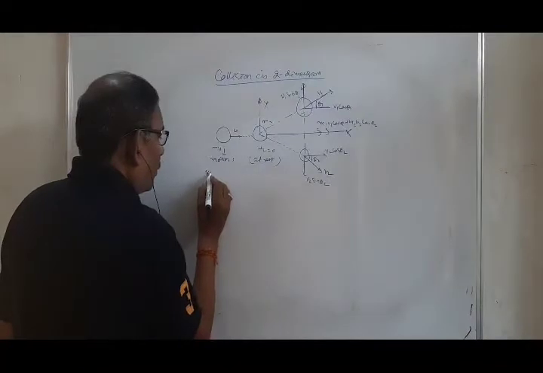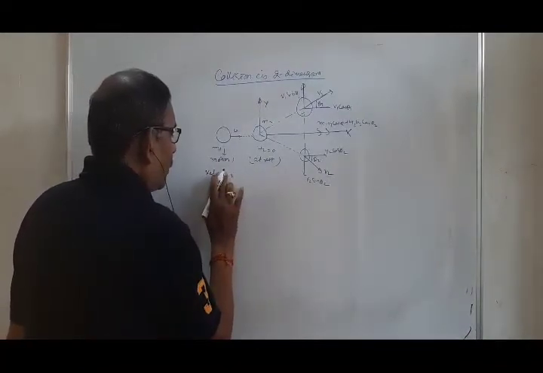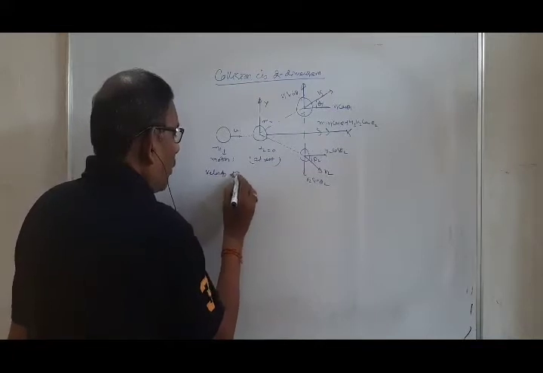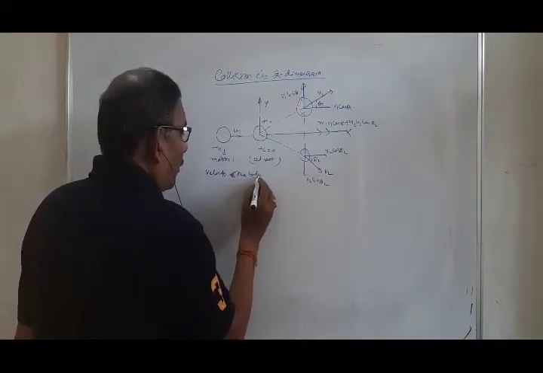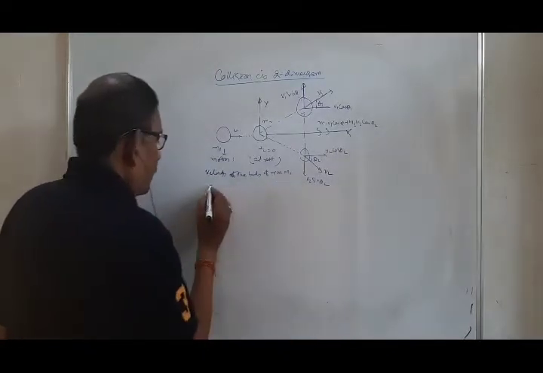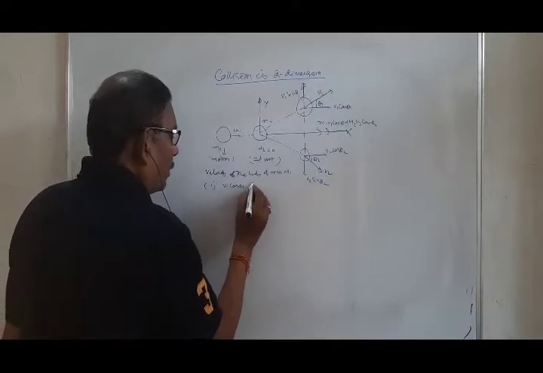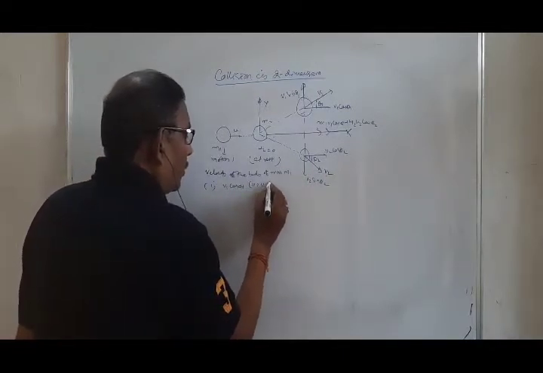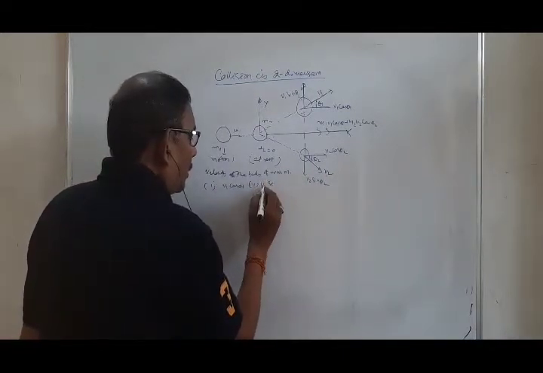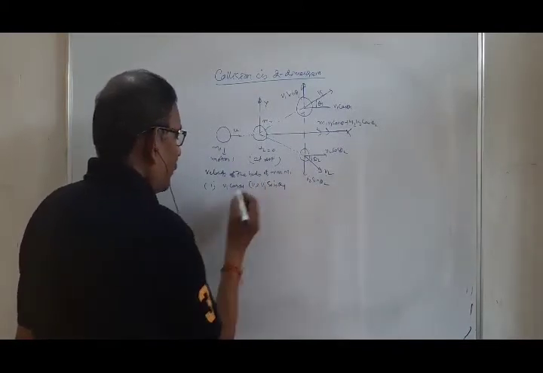The velocity of the body of mass m1 is v1 cos theta 1 and v1 sin theta 1.